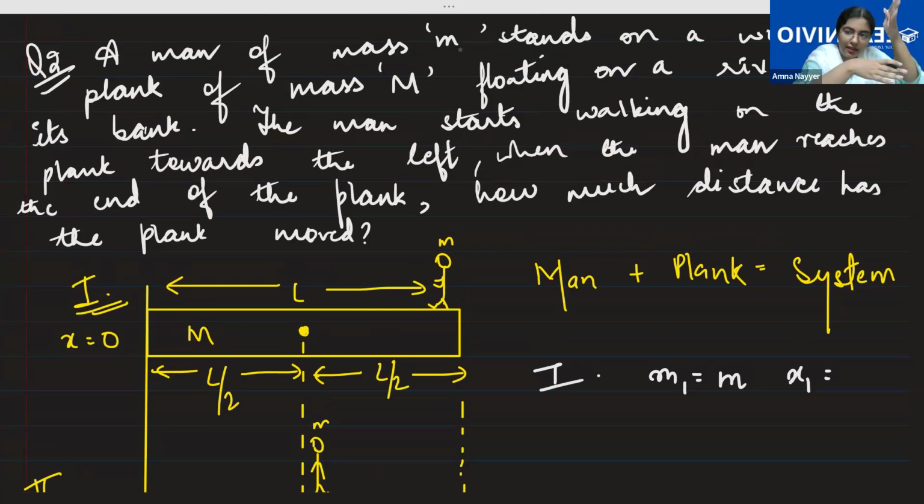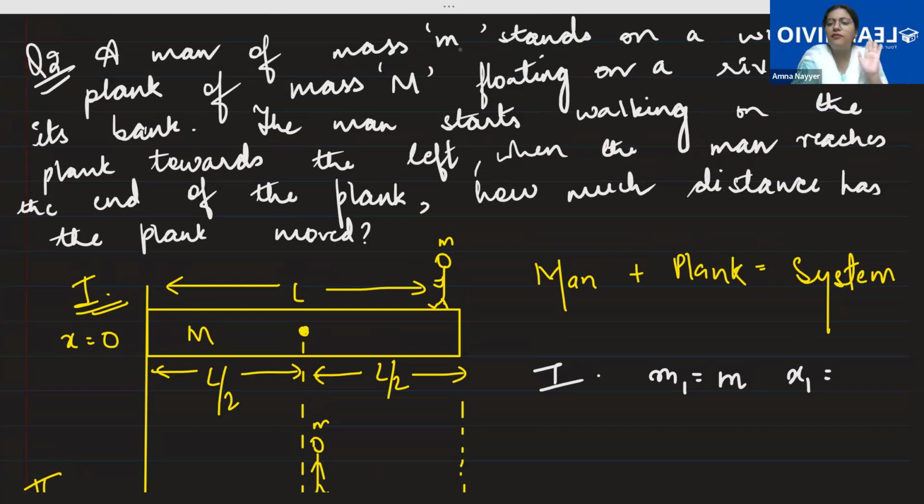Origin means that river bank. Anyways, you can take origin from your end, by the way. But see, you have to see how did I decide my origin. One thing before we move on is that we have to see from the bank how much the plank has drifted. So obviously I have to take that as the origin so I can get that length.